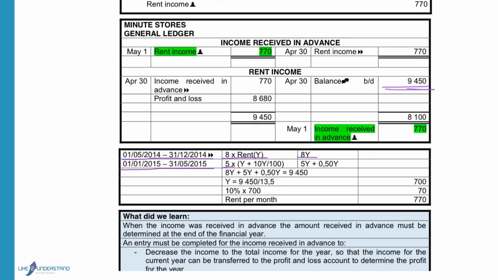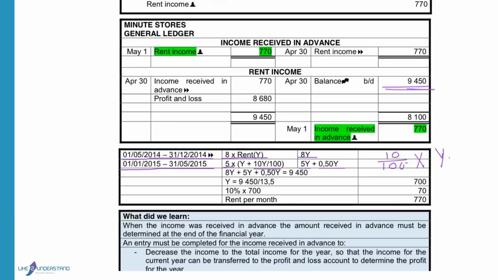Now, normally 10%, we will say 10 over 100 times Y. So that is 10Y at the top, 100 at the bottom. 5 times Y gives me 5Y. 5 times 10 gives me 50 divided by 100 is 0.50Y.